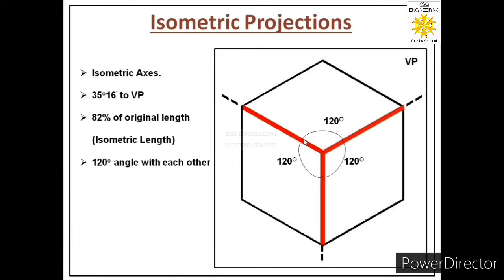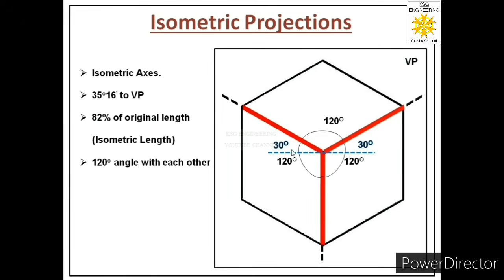And from here, if we sketch a horizontal line from this intersection, then we will get that the angle of these two edges, or these two isometric axes, with the horizontal is 30 degrees.